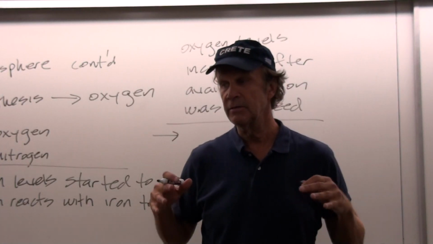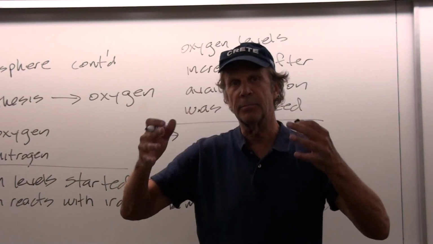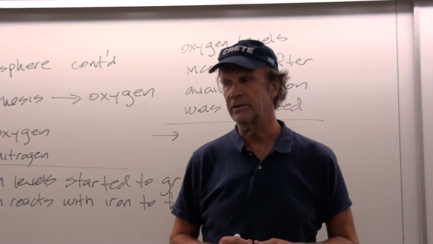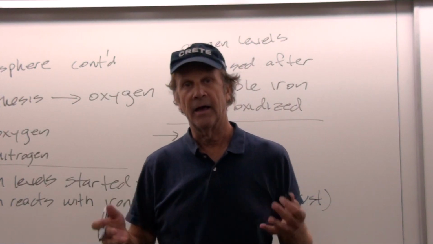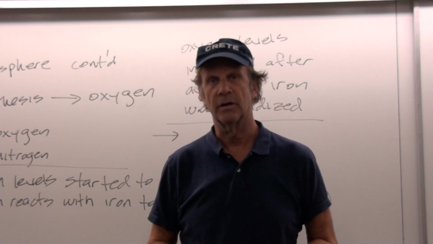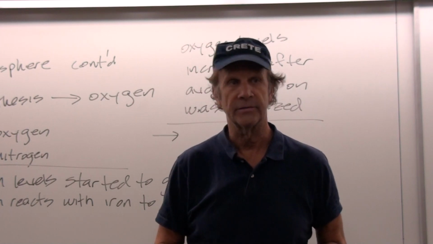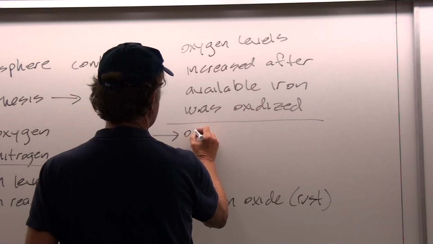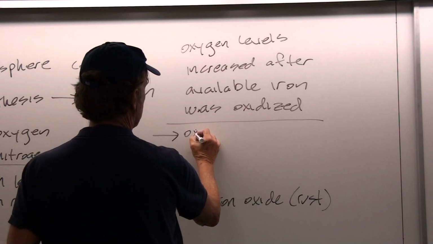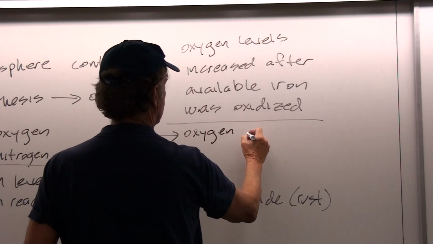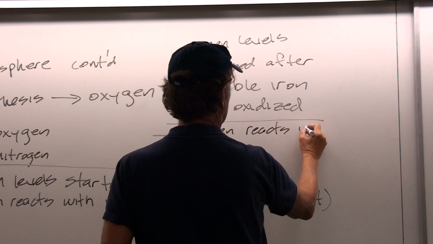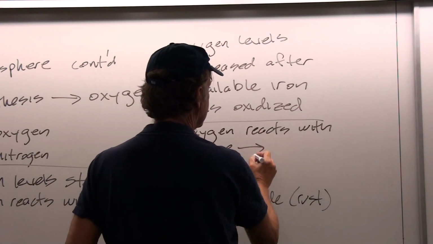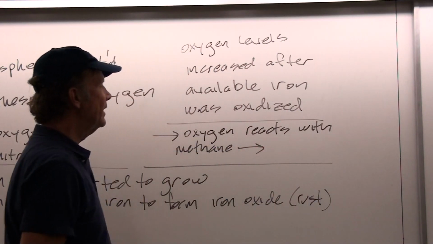Essentially, the more methane you have in the atmosphere, it acts like a big blanket that holds in the heat that has accumulated on the surface. And that is why the temperature of the Earth was as high as it was in those days. But then the oxygen reacted with the methane because the oxygen levels are increasing. And essentially, this removes the methane from the atmosphere.